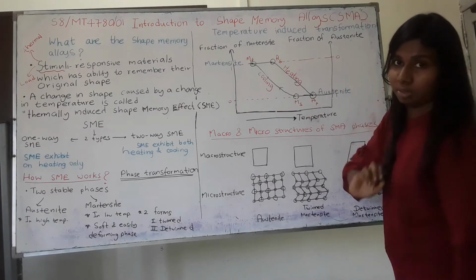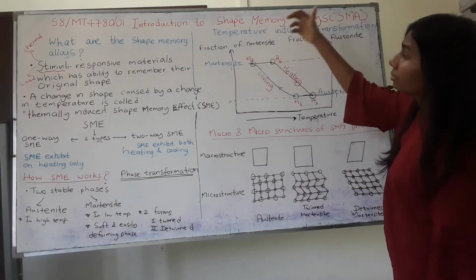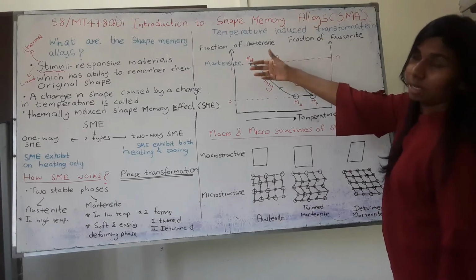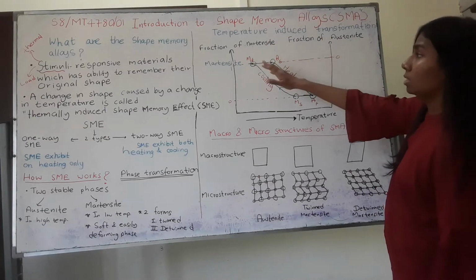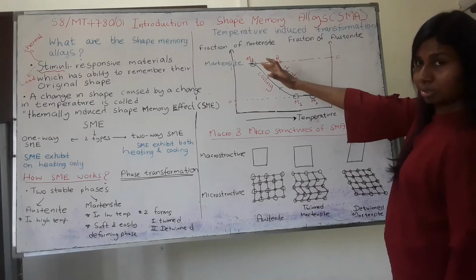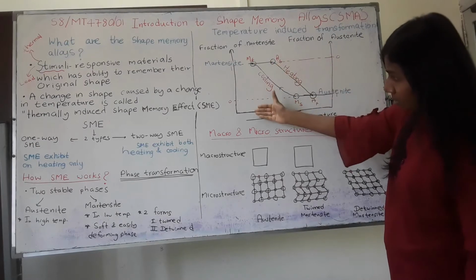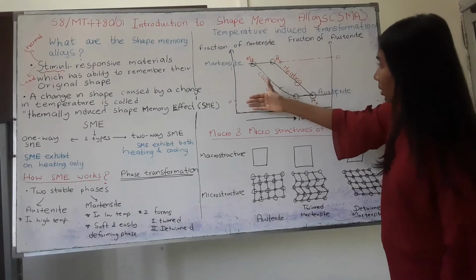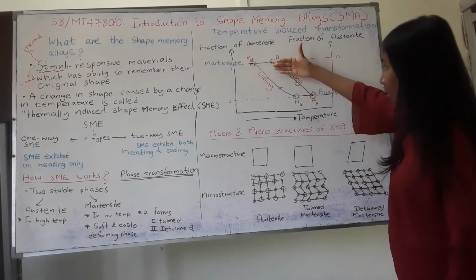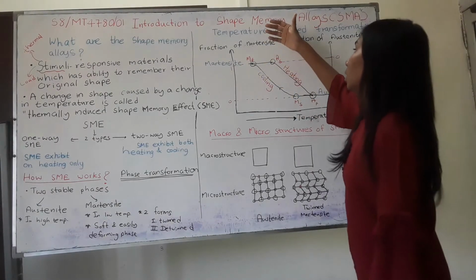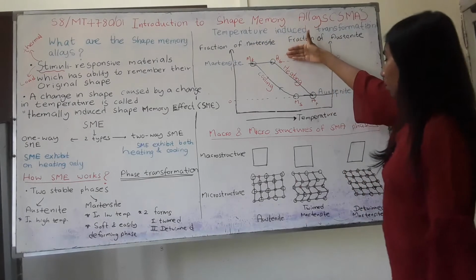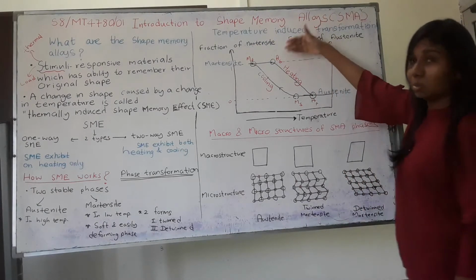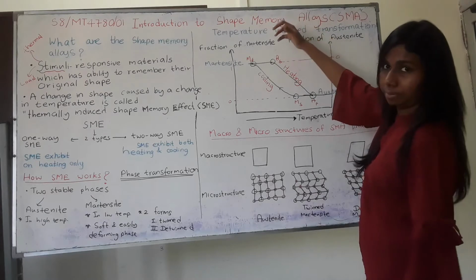In room temperature, martensite is the stable phase in the material. That means there is 100% martensite in room temperature. When it increases the temperature gradually, it starts to form austenite in martensite.